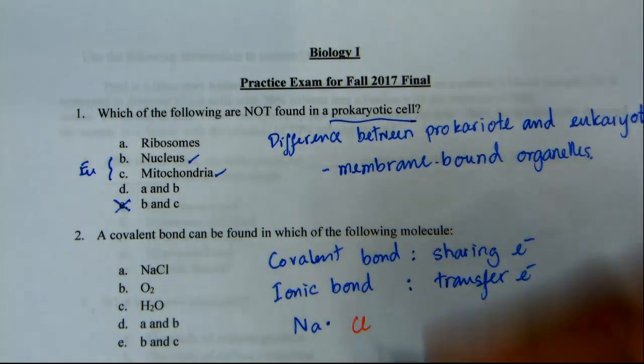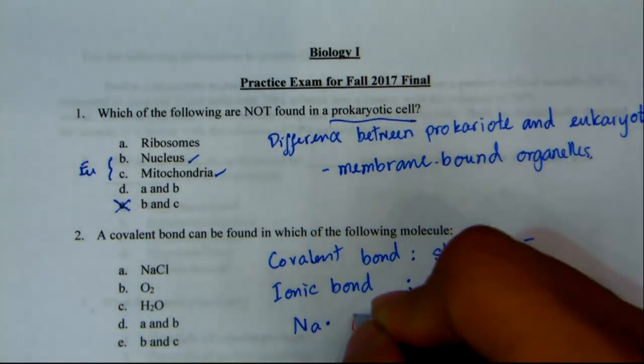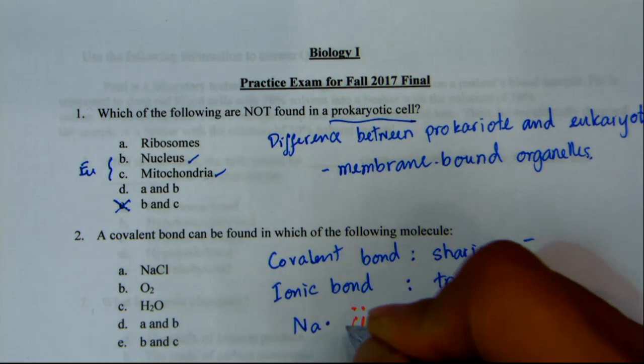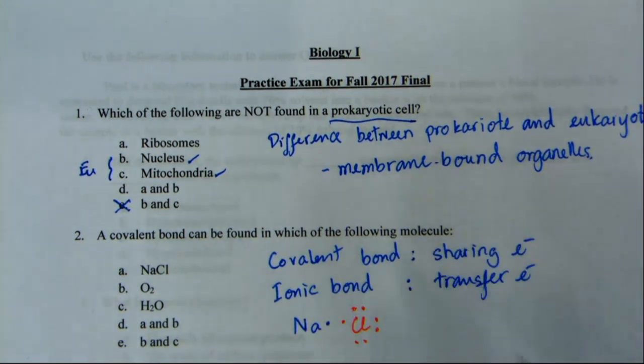Chlorine has 7 electrons. For metals in group 1, in any type of atom, we try to meet the octet rule or duet rule, if you recall from the beginning of the semester.